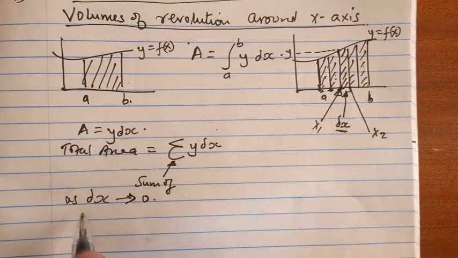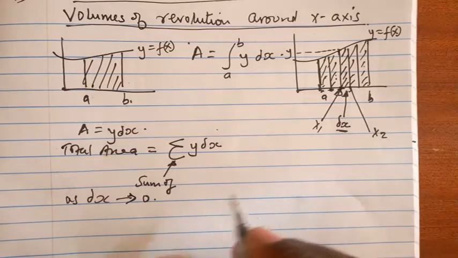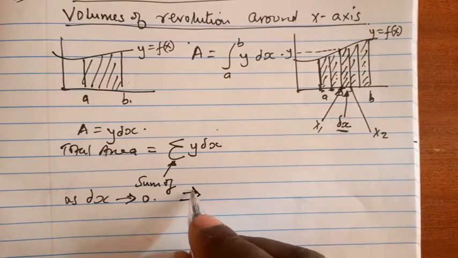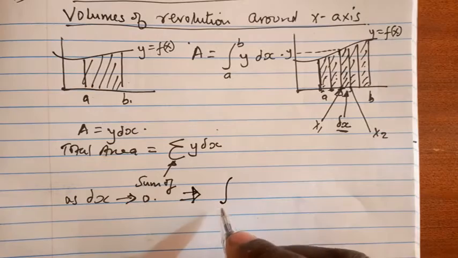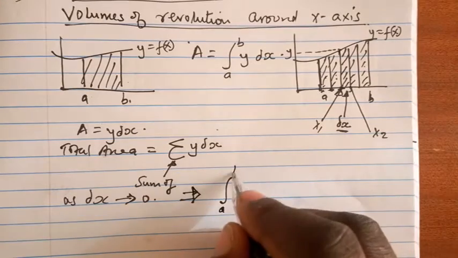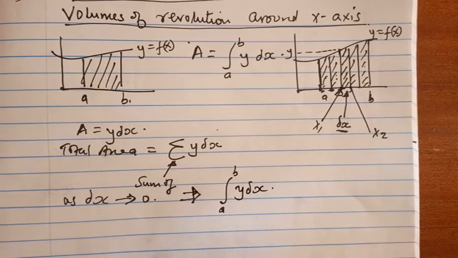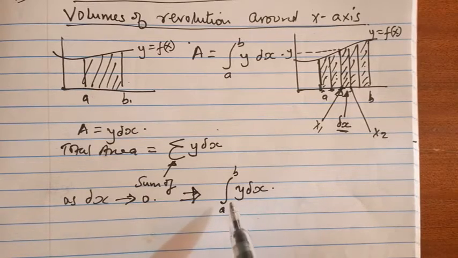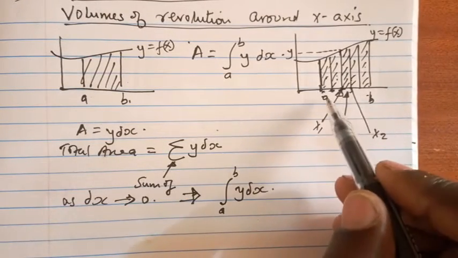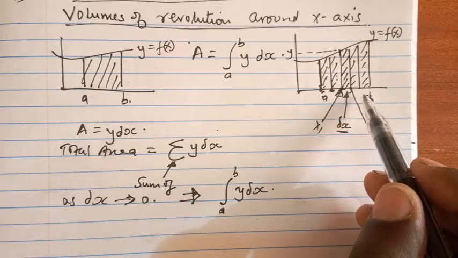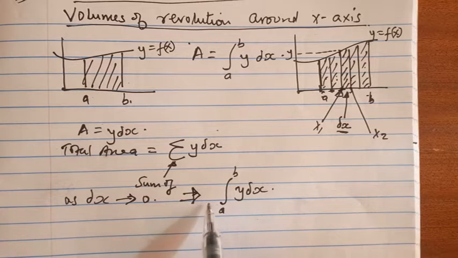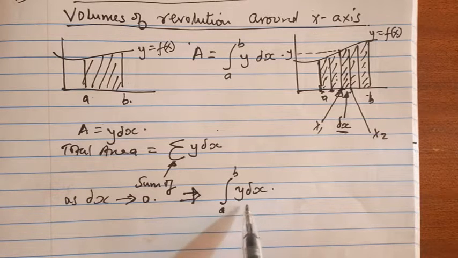Therefore, as dx approaches 0, we get almost the same area as when we integrate between a and b y with respect to x. The reason we say this is because the moment we integrate the function with respect to x, with these limits, we get the exact area of this shaded region. So as dx approaches 0, we approach the very exact area as well.